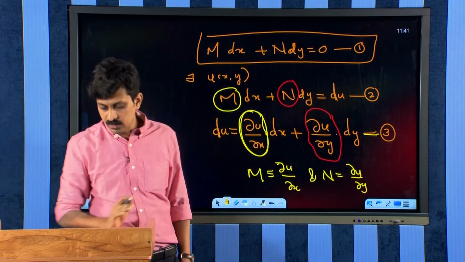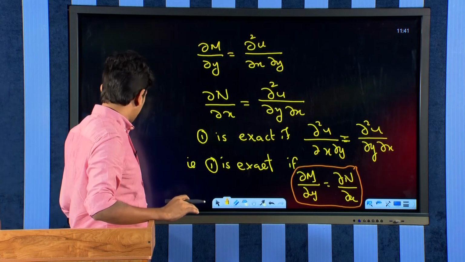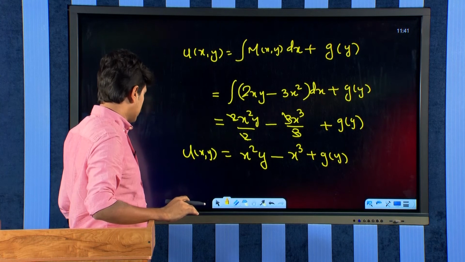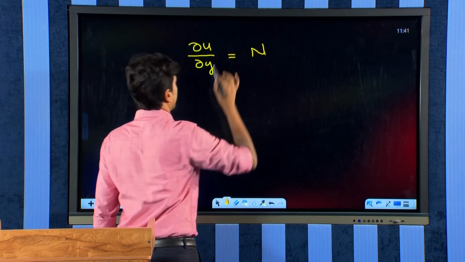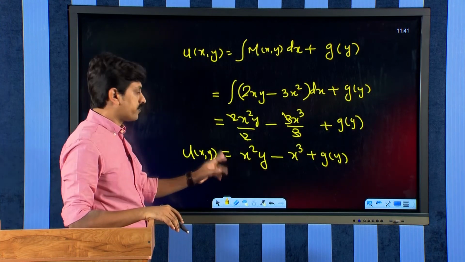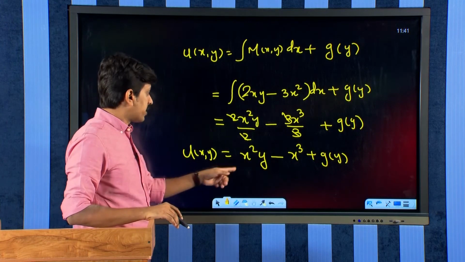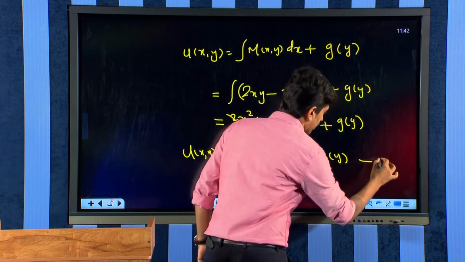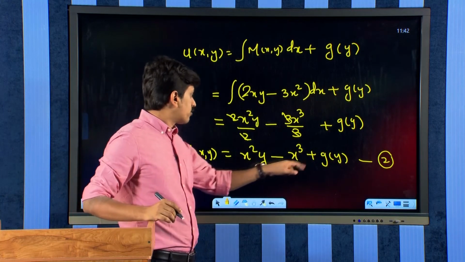So, here we have dou u by dou y equal to n. Since we have u of x y, we can find dou u by dou y by partially differentiating. I would like to put this as equation number 2.